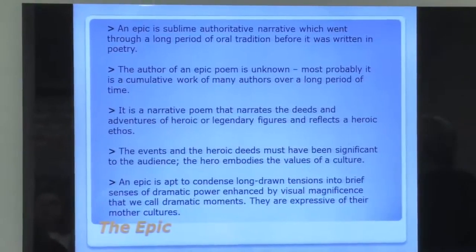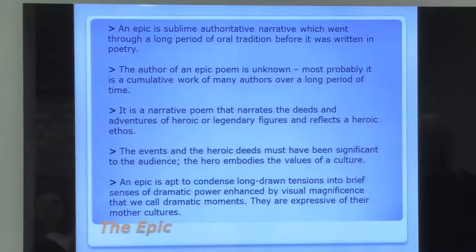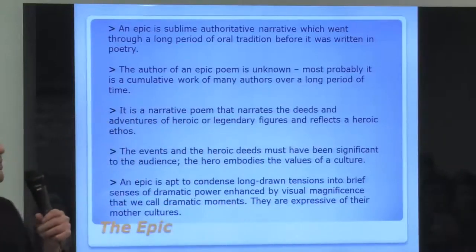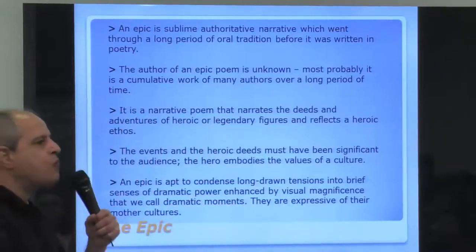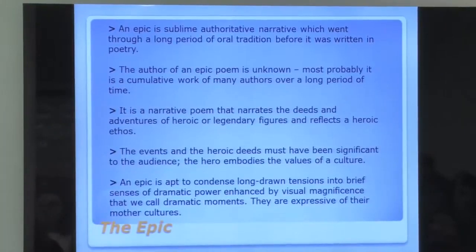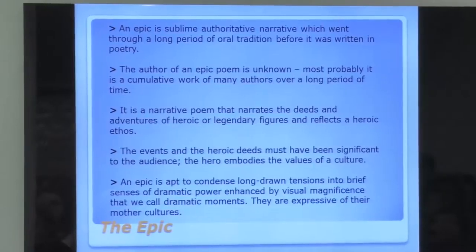By the way, the hero represents his culture, meaning the glory of a certain culture. Each and every culture would produce a writer who is so full of himself, of course, and of his culture, of his civilization, who would write a long narrative poem describing the greatness of this culture.